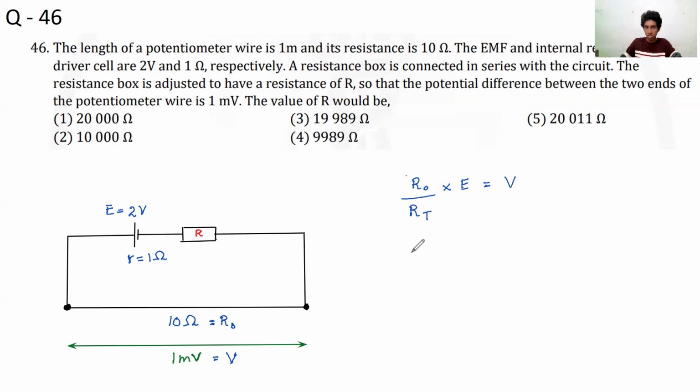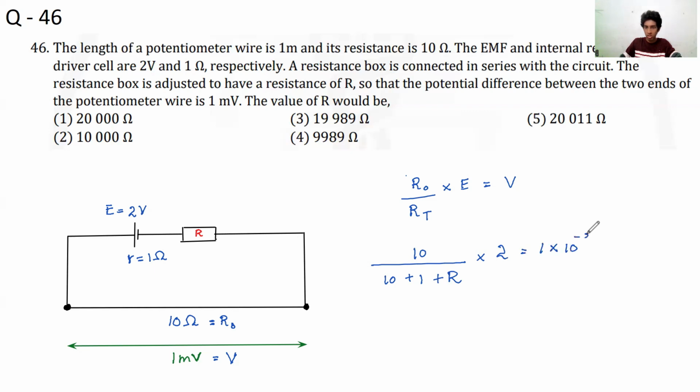So here R naught is equal to 10 ohm, and RT means the total resistance, that is 10 plus the internal resistance, that is 1 ohm, plus the value of the resistance in the resistance box, R. So when we multiply that by the EMF of the cell, that is 2 volts, that is equal to 1 millivolt.